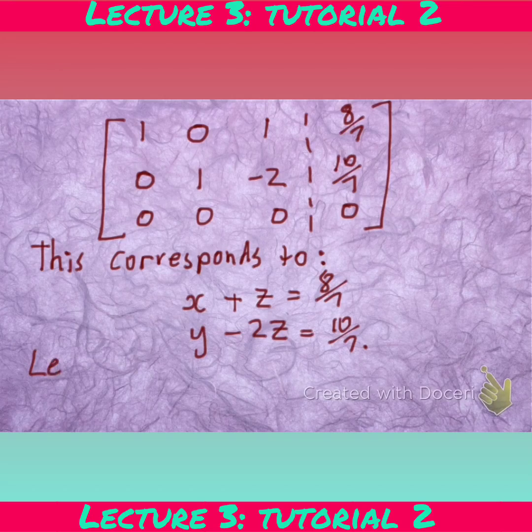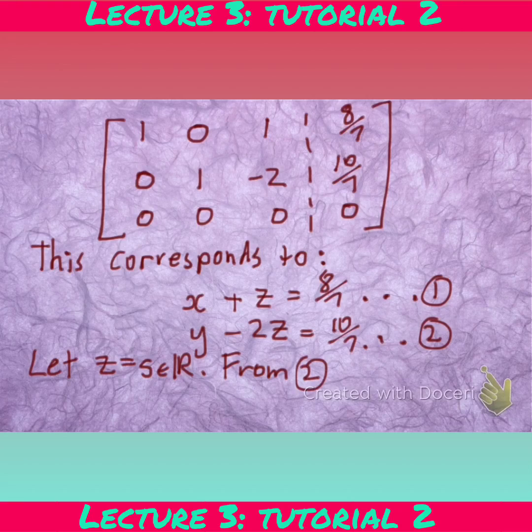And previously we identified the two leading variables being x and y respectively. So z is a free variable. So we parameterize the variable z as an arbitrary real number s. We get from 2 that we can solve for y as 10 over 7 plus 2s, and then from 1 we can also solve x as 8 over 7 minus s.